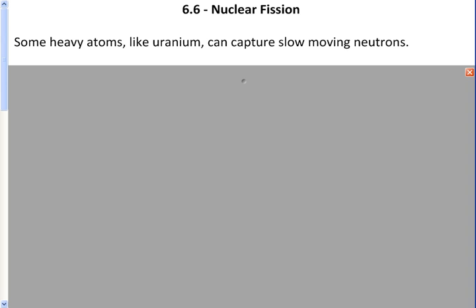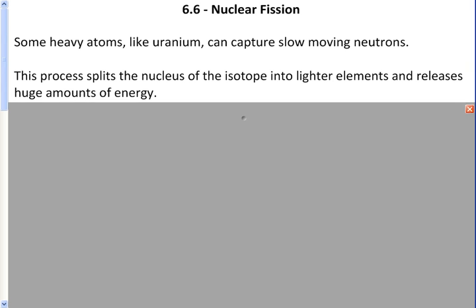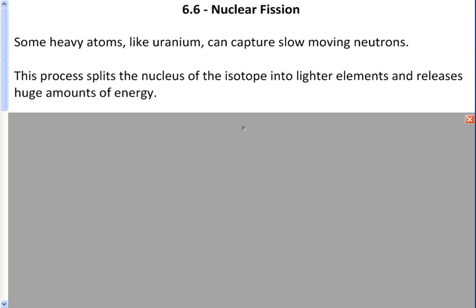Now, some heavy atoms, like uranium for example, capture slow-moving neutrons. This process of capturing these neutrons splits the nucleus of the isotope into lighter elements and releases vast amounts of energy. So there is a ton of energy stored within mass that we're going to talk about today.